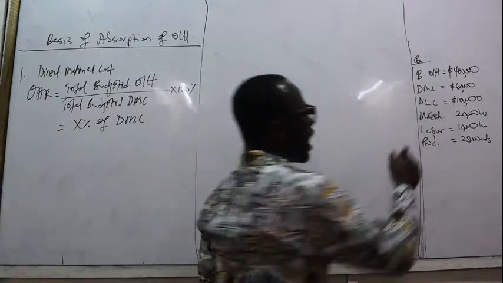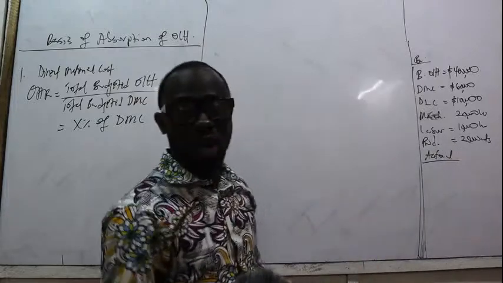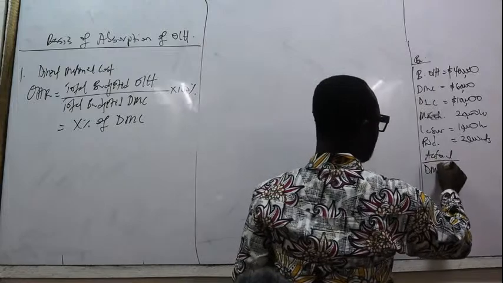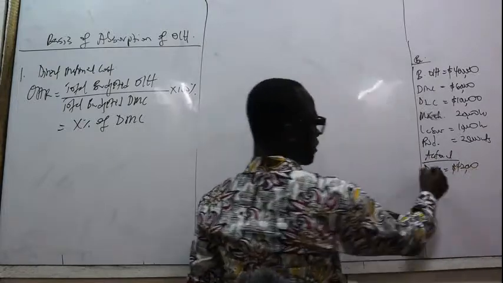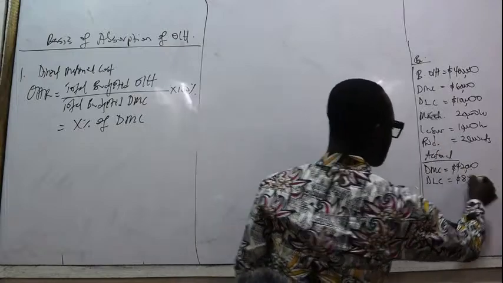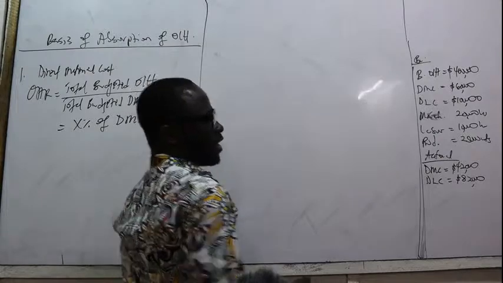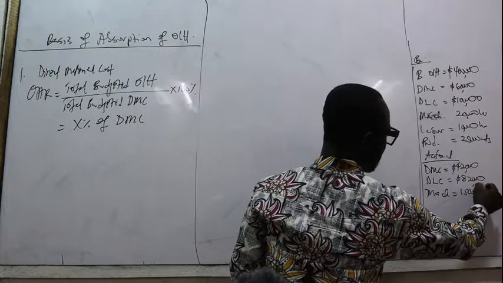Then let's look at the actual information given to us. On the actual level, direct material cost is, say, $42,000. Direct labor cost is $82,000. Machine hours on the actual level is 15,000 hours.